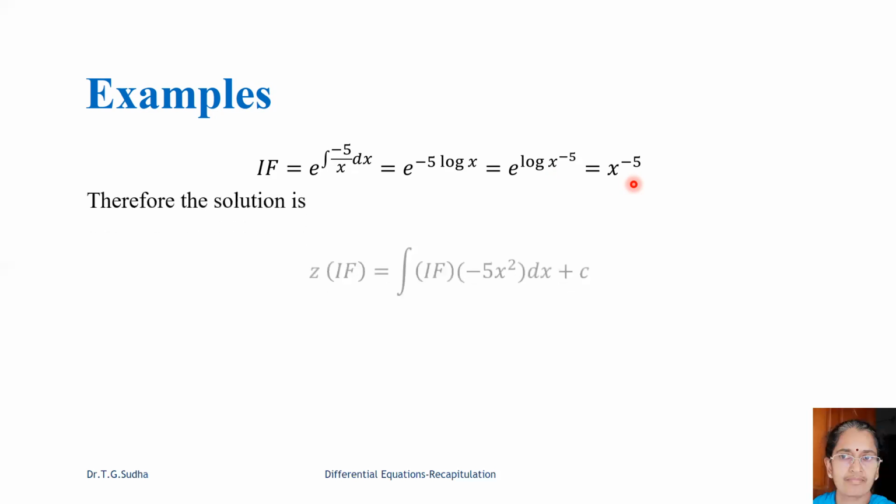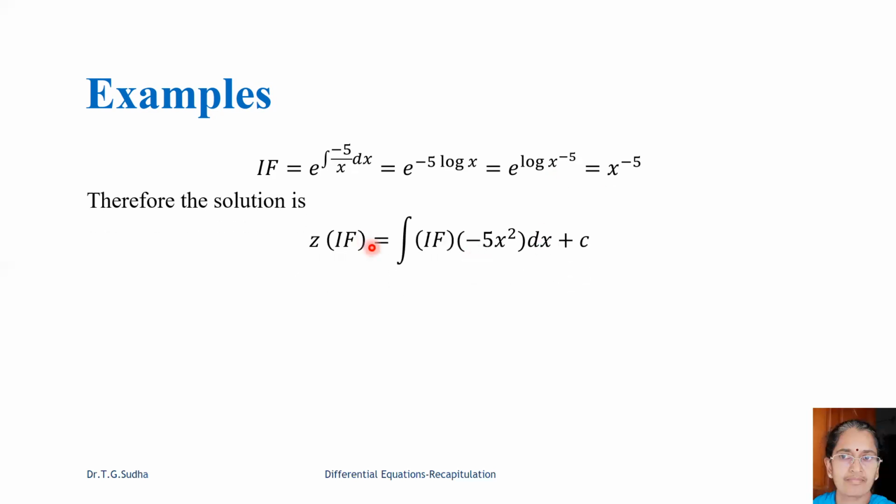Therefore, the solution is given by z into integrating factor is equal to integral of integrating factor into minus 5x squared, that is the right hand side function, plus c, the constant of integration. Let us substitute for the integrating factor x to the power of minus 5.